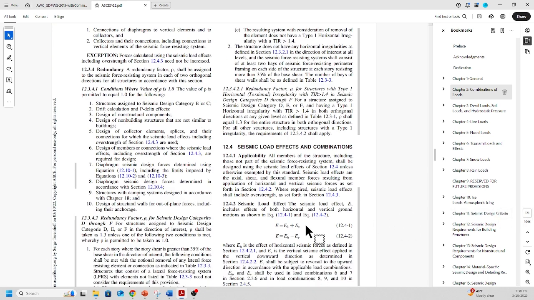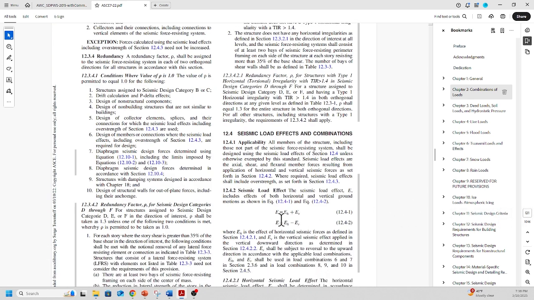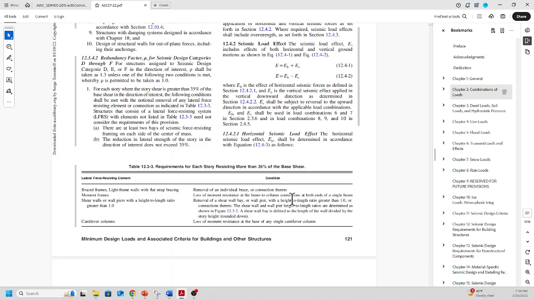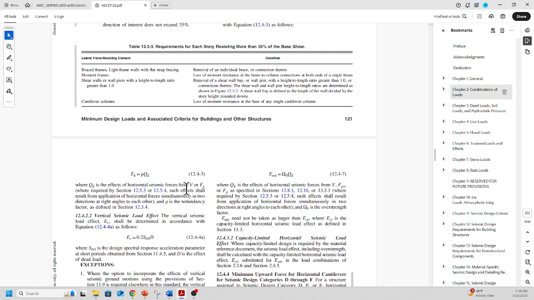Right here, section 12.4, it says E is equal to EH plus EV. And then equations 12.4-1 to 12.4-4, 12.4.3 says EH is equal to rho times QE, and EV is equal to 0.2 SDS times D. And we can find rho and SDS easily from the ASCE hazard tool. You just type in the location. So let's go back to the writing.